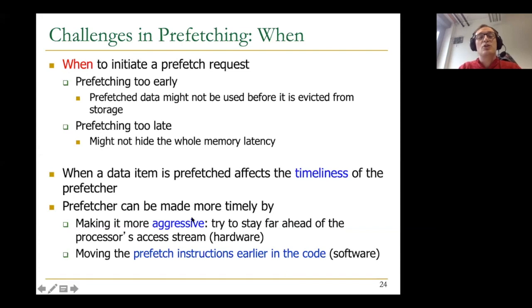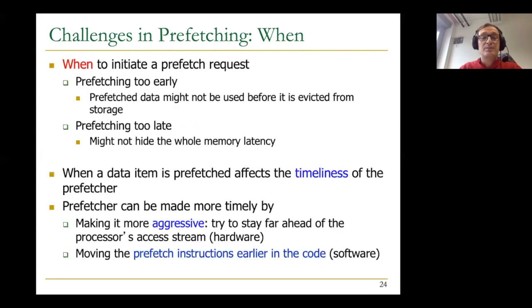So you can make things more aggressive by actually prefetching more or further into the future. But of course, this could reduce your accuracy, as we discussed, right? Because the processor may actually never get to A plus 20. Or if you're doing software-based prefetching, you can move the prefetch instructions earlier in the code, as we will see also.